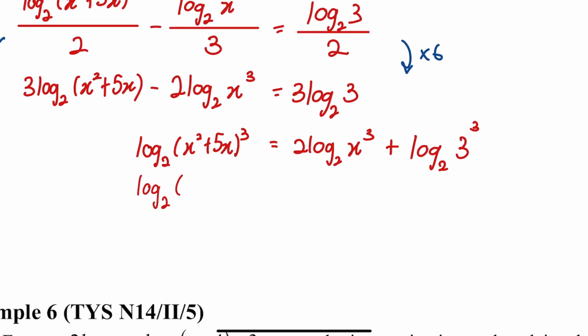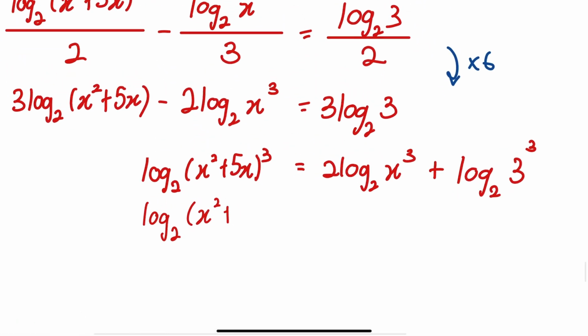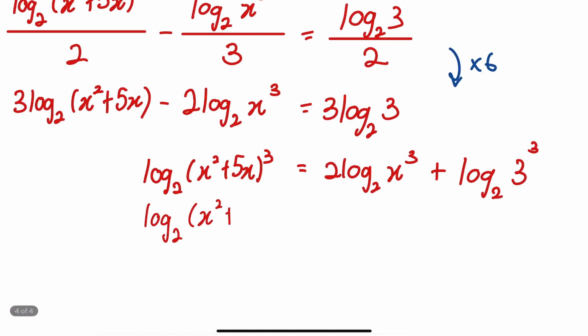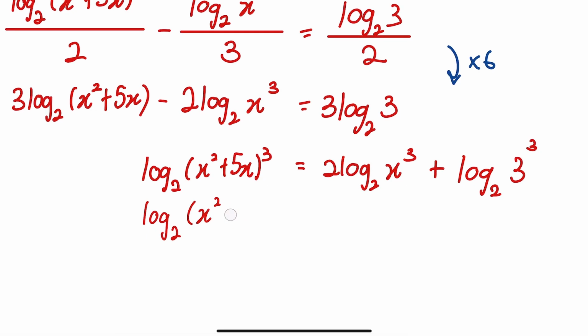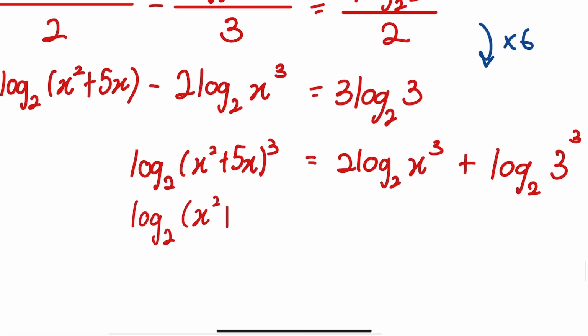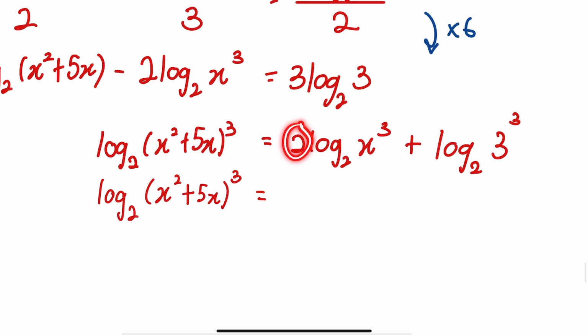Log base 2 x squared plus 5x, whole thing power 3 is equal to, I shift all these coefficients up so that I can use the laws when the coefficient is 1.